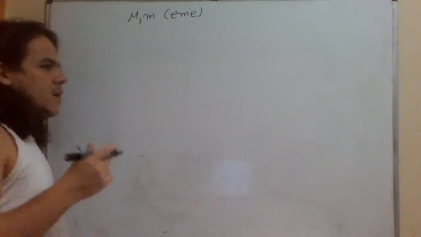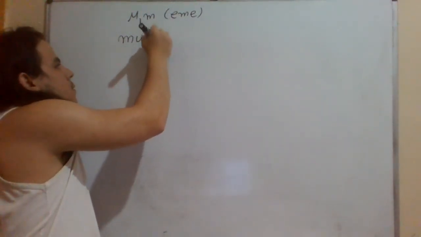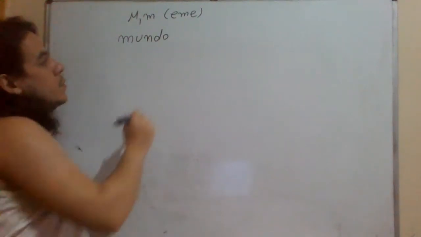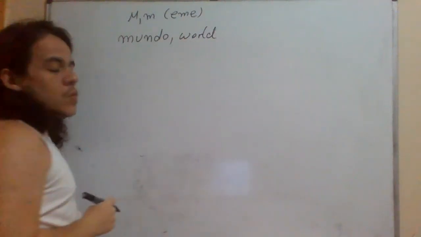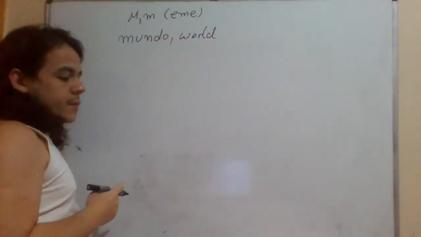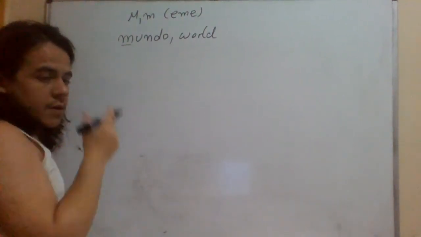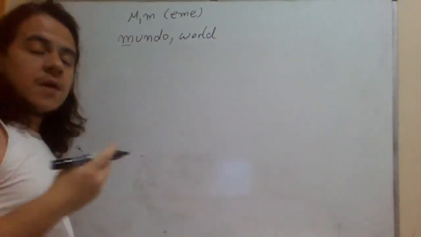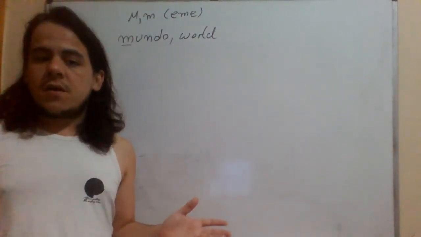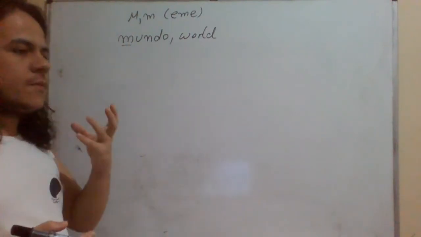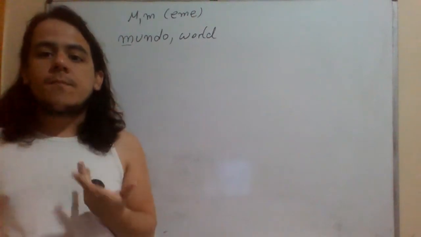For example, at the beginning of a syllable, mundo, it means world, mundo. So letter M is at the beginning of a syllable, and it has the same sound as letter M in "my", for example, in English. That same sound of M, you make with your lips, M.